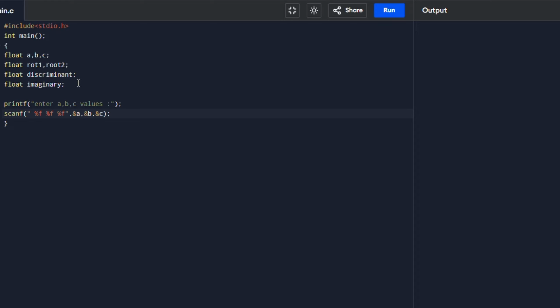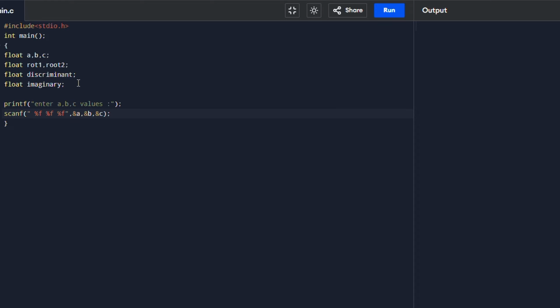Now let us calculate the discriminant. Simply d = b² - 4ac. The same example we will be taking: a = 2, b = 5, c = 3. Then d becomes 5² - 4 × 2 × 3, that is 25 - 24 = 1. Since d is greater than 0, the equation has 2 different real roots.